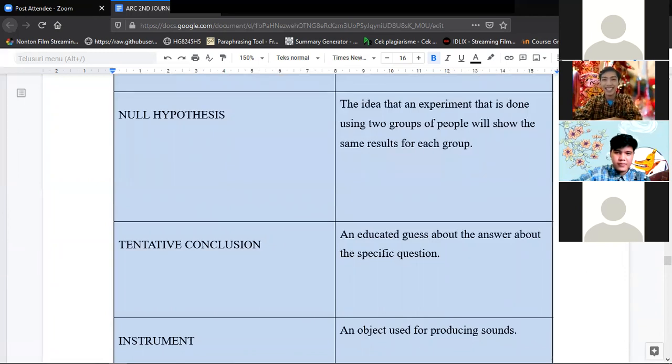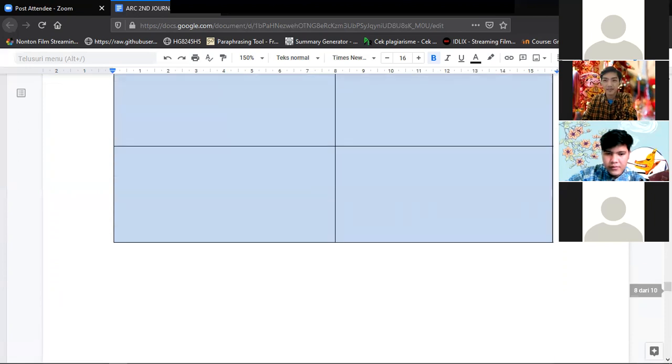And then null hypothesis. Null hypothesis is the idea that an experiment that is done using 2 groups of people will show the same results for each group. And then tentative conclusion is an educated guess about the answer of the specific question. Next, instrument. Instrument in another context is an object used for producing sounds. Next. All right, done.